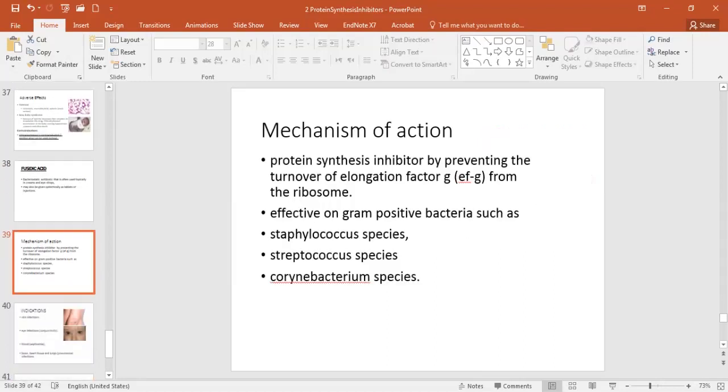Mechanism of action: it is a protein synthesis inhibitor that prevents turnover of elongation factor G, abbreviated EFG, from the ribosome. It is effective for gram-positive bacteria such as Staphylococcus species, Streptococcus species, and Corynebacterium species.